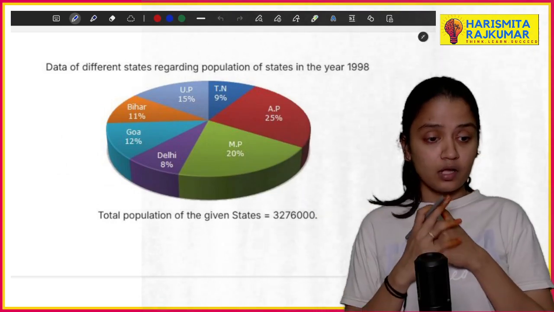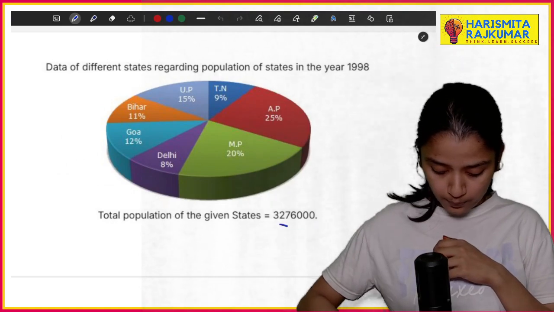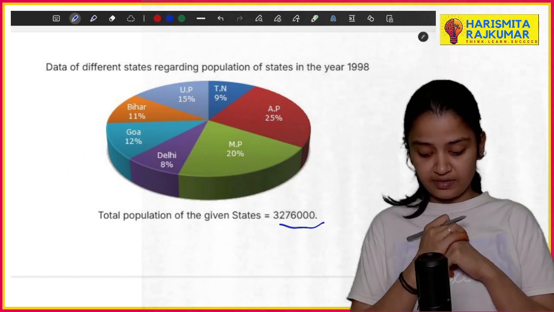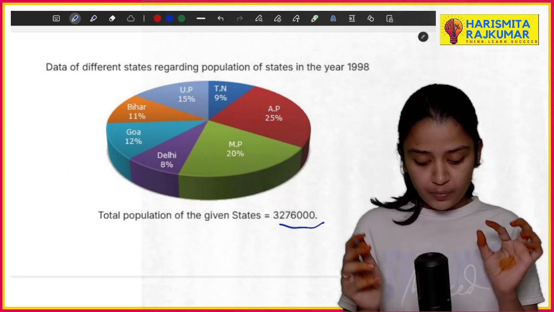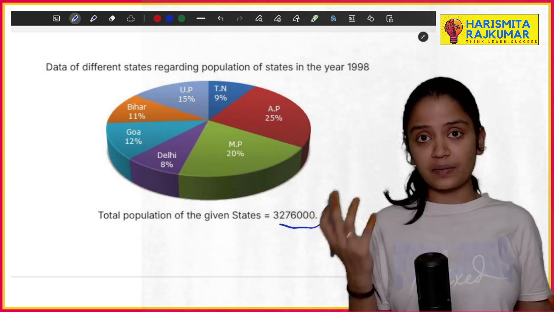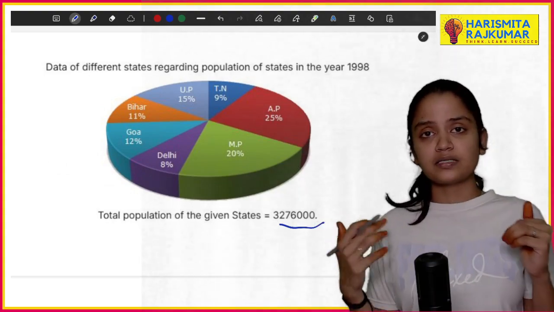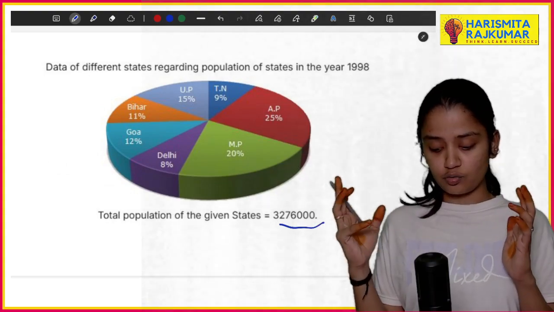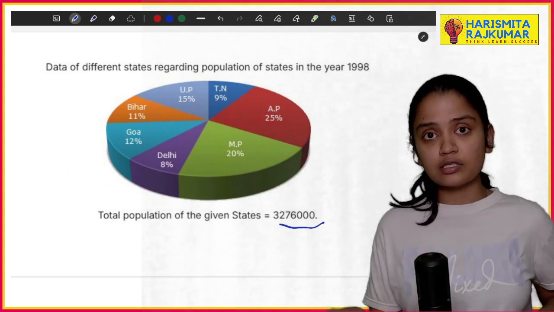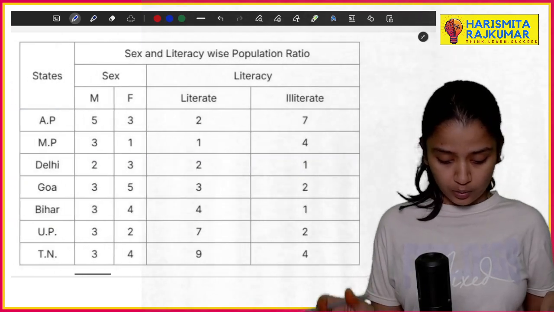The total population given is 327600. UP is 15% of it. So we are simultaneously dealing with the percentage topic. 15% of 327600 gives you the figure, but without calculating that we can definitely do it.